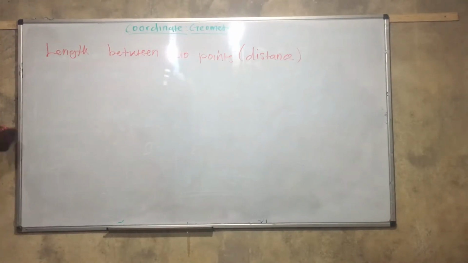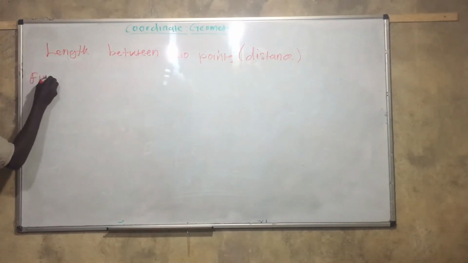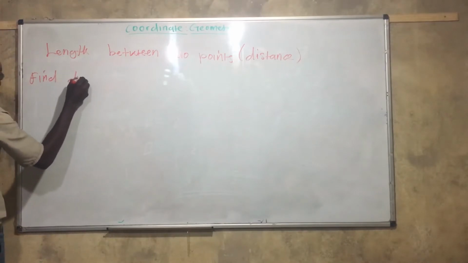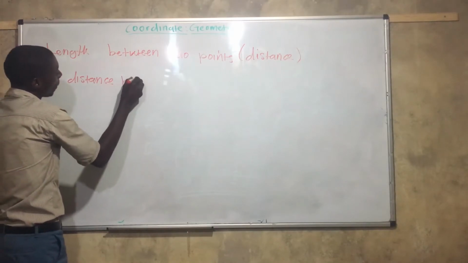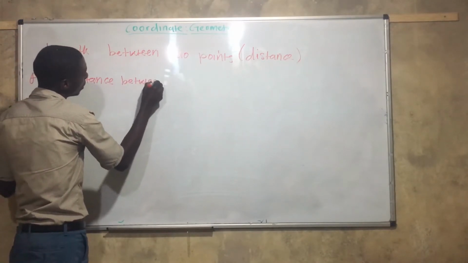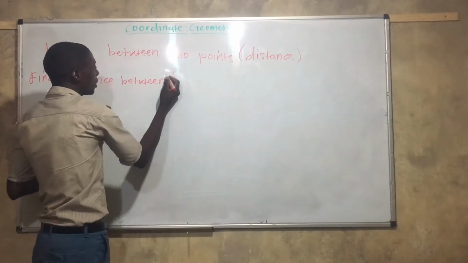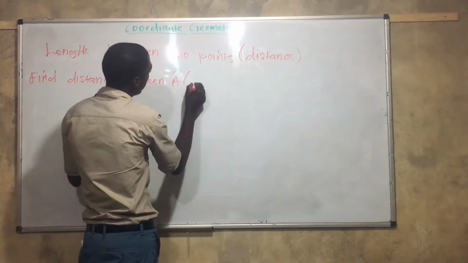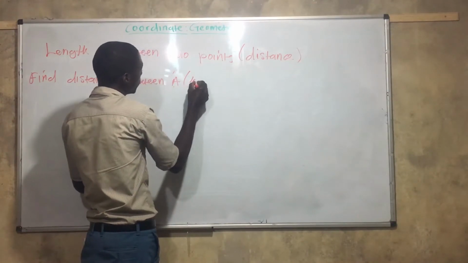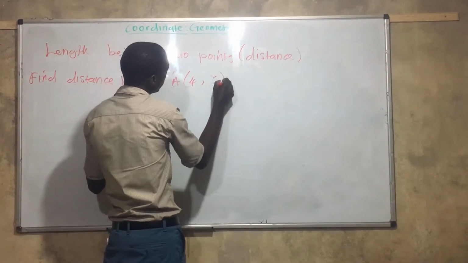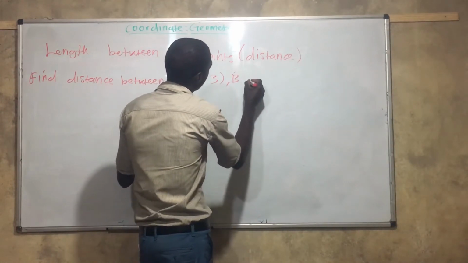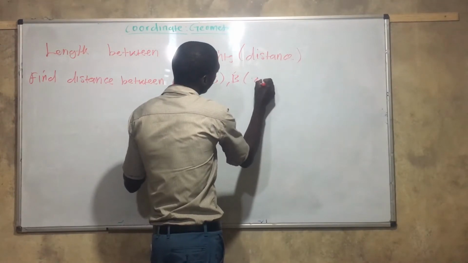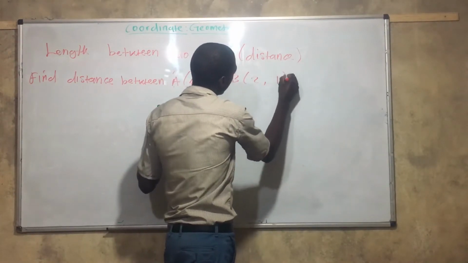So for example, let's say you have been given a question: find the distance between point A, which is (-4, 3), and B, which is (2, 1).